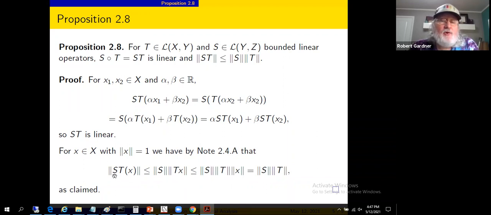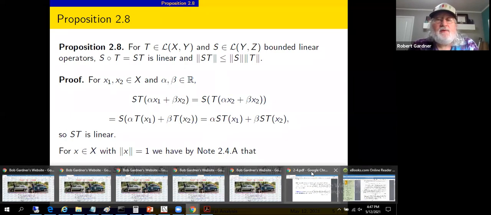And we've got the norm of S of T of X is less than or equal to this. It's not exactly the end of it. We still need to take a supremum over all such X. All of these vectors are in norm bounded by this constant. So when you take the supremum, it's also bounded by this constant and produces this. And that's where the conclusion comes from, as claimed.